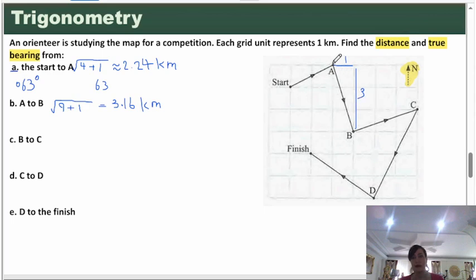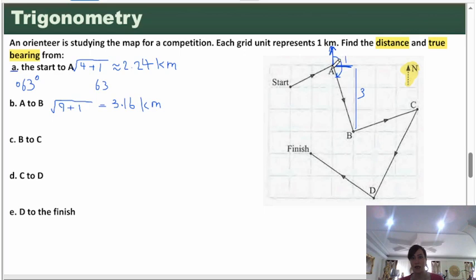For bearing, I stand here and then turn clockwise to face B. So from here to here, I see this distance is 90.